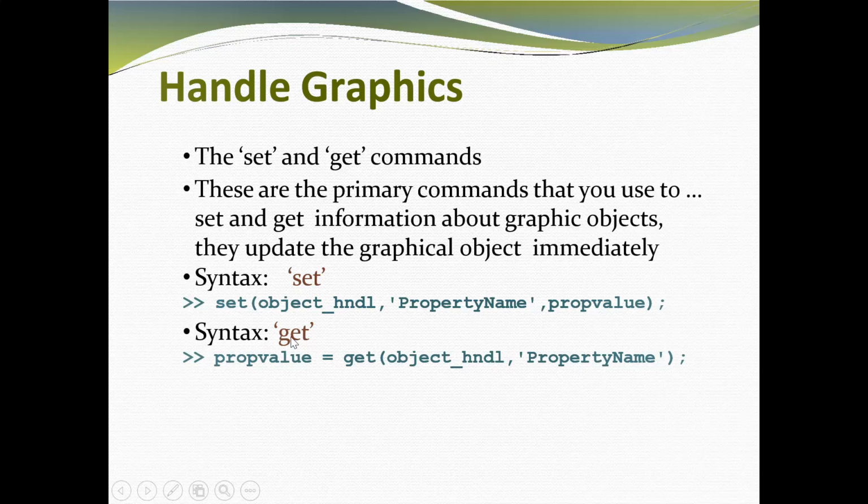The syntax for using get is you have get, then the handle, then the property name. So you use get to get the object handle and the property value. That's when we want to use setters and getters.